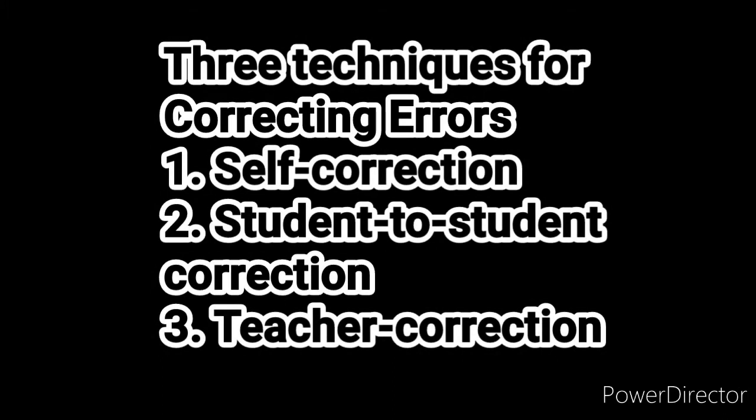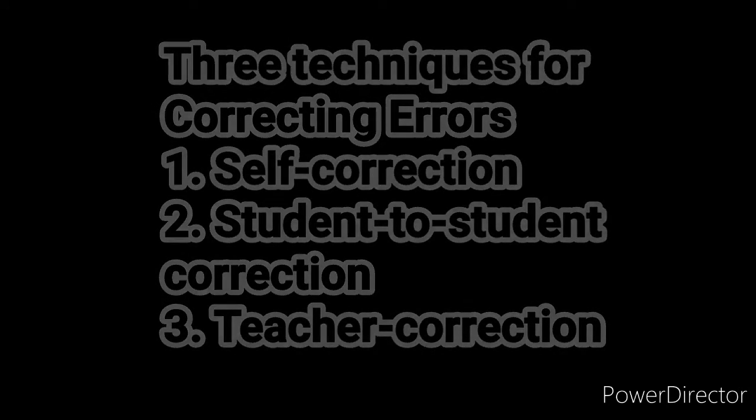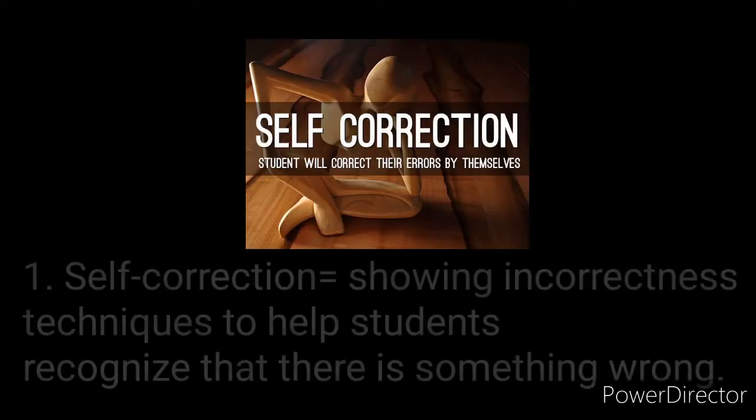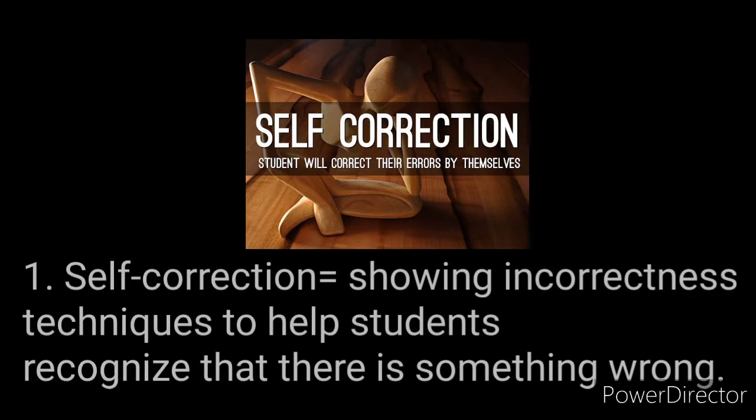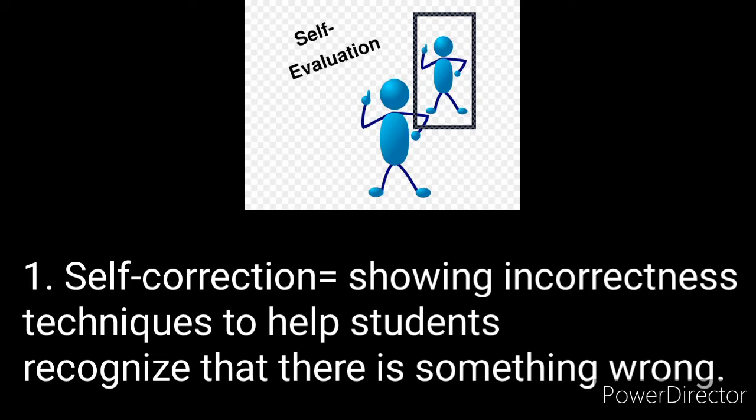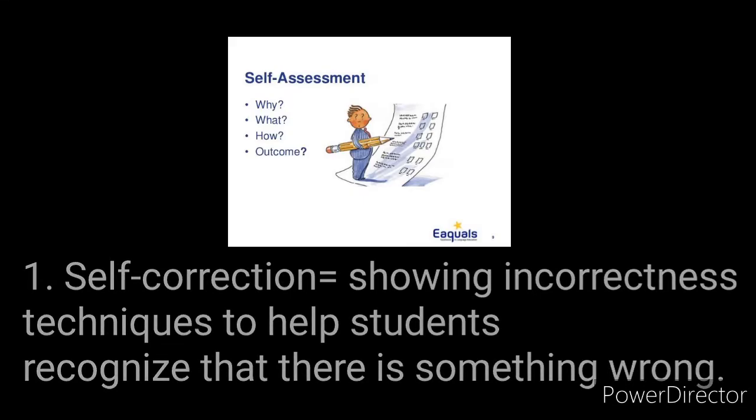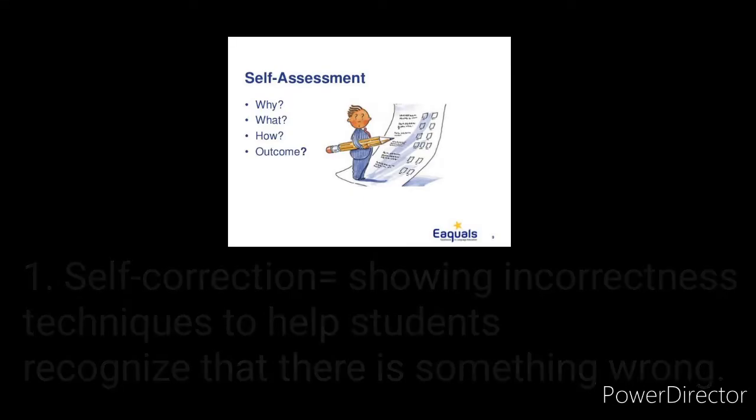First, self correction. Second, student to student correction. Third, teacher correction. Self correction: there is a need to use any or some of the following techniques showing incorrectness to help students recognize that there is something wrong.